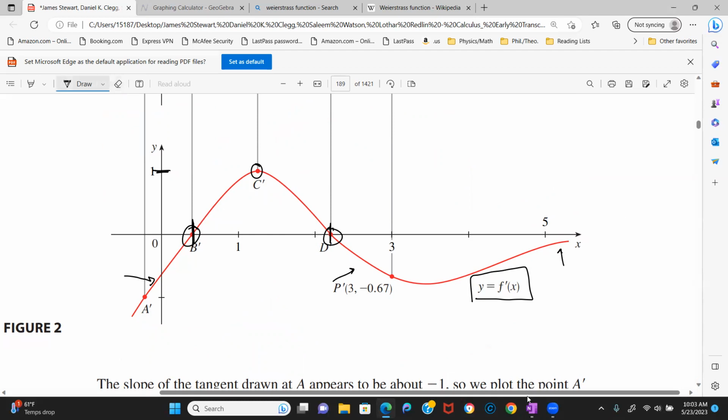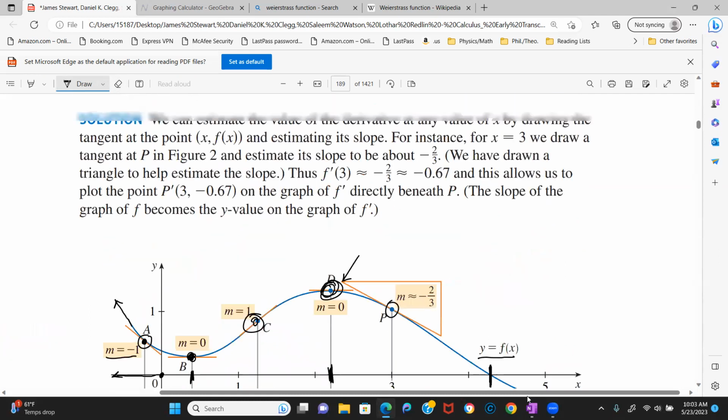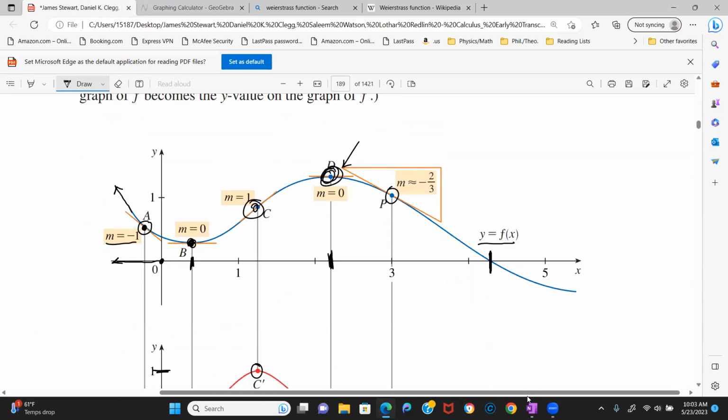So that's basically it. Given the graph of a function, you can get a rough idea of what the graph of the derivative looks like by just drawing some tangent lines and determining whether or not the slope is positive, negative, or 0. And maybe you can actually work out, for example in this case, this is approximately 2/3, this is 1, -1, this is 1.